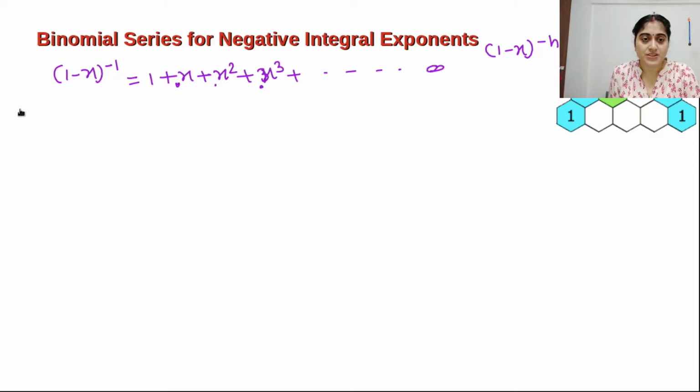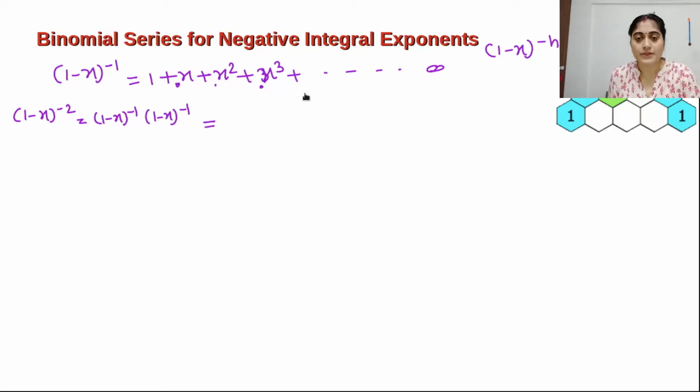So okay, let's try for (1 minus x) to the power of minus 2. What will it be? It will be (1 minus x) to the power of minus 1 into (1 minus x) to the power of minus 1. If I multiply these two series, it will be (1 minus x) to the power of minus 2. So how can we multiply?